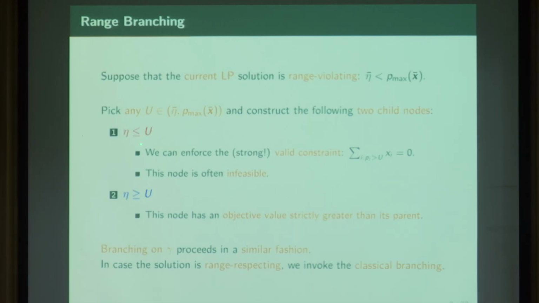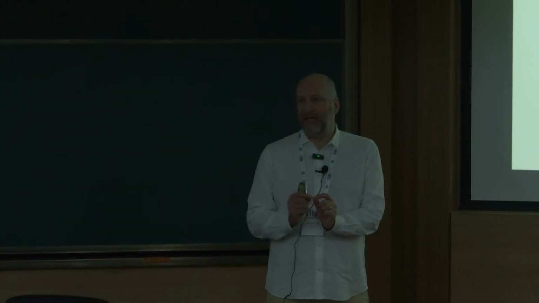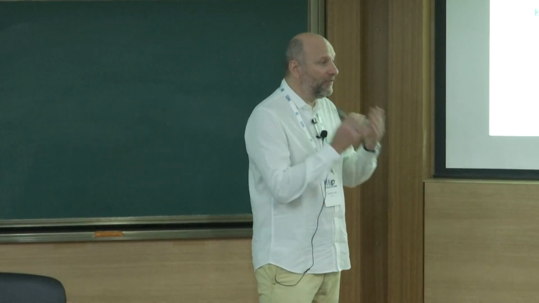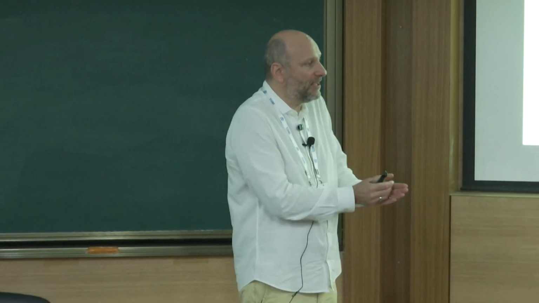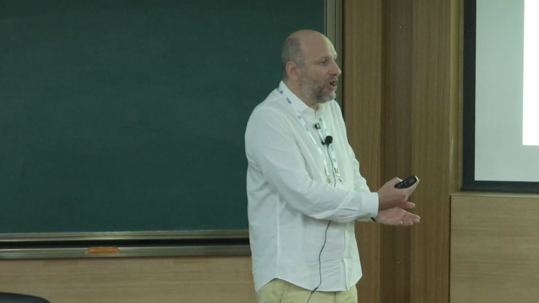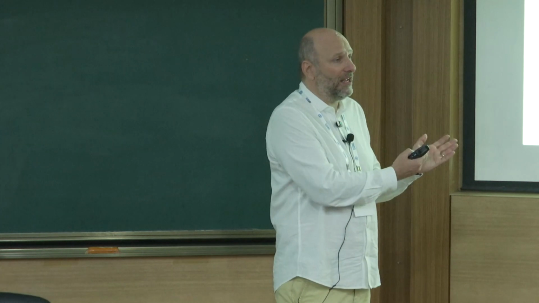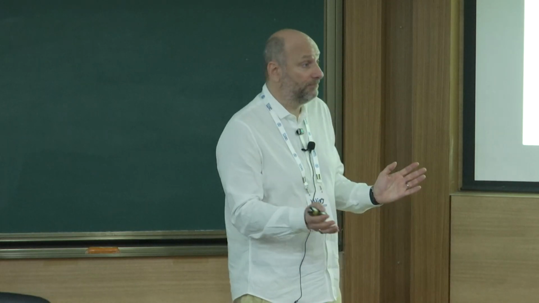So the less or equal than u situation is a stronger constraint because it enforces all the variables, so all the routes in the vehicle routing situation that have a strictly bigger value than this u, to be fixed to 0. I can do it with only one constraint that says the sum of all the columns that have a larger payoff has to be equal to 0, so since those variables are non-negative, all of them have to be equal to 0.